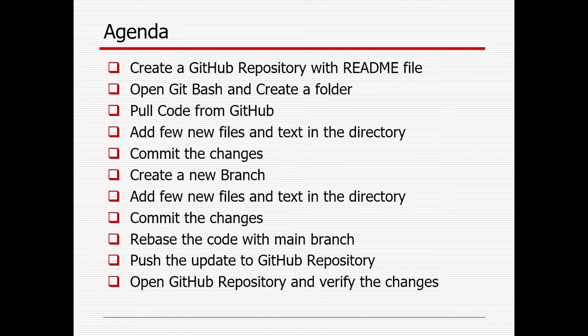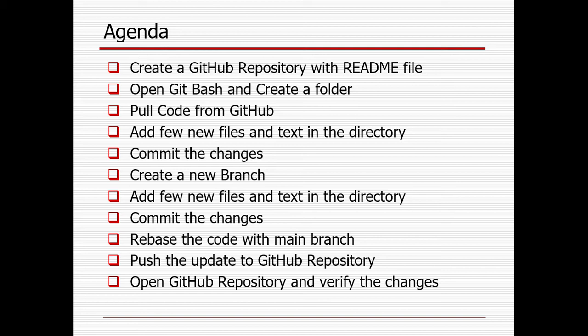So in my last three sessions, you already learned what Git is all about and what the basic commands are, how we can create a GitHub repository, with and without a README file, and how we can create a folder in Git, and then how you can initiate Git and configure your username and your email ID, right?